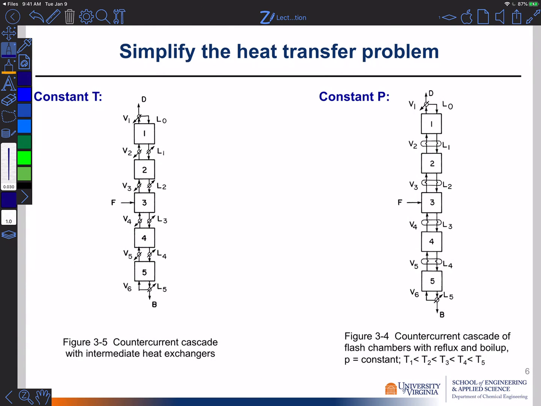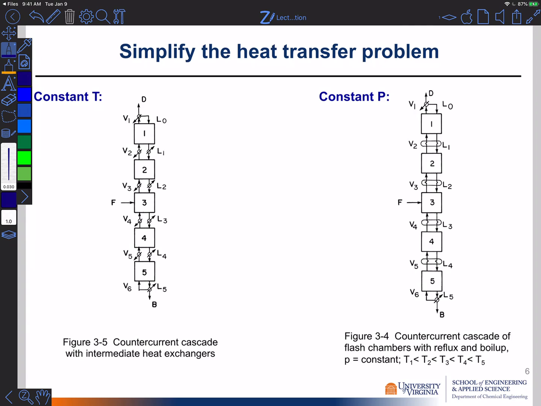So to get around that, we could think about a situation where we could try to simplify the heat transfer problem. We've been thinking about this by analogy to flash processes in the constant temperature world, where again we have to go through and use heat exchangers to keep the temperature constant as we move from these different flash processes up and down the cascade.